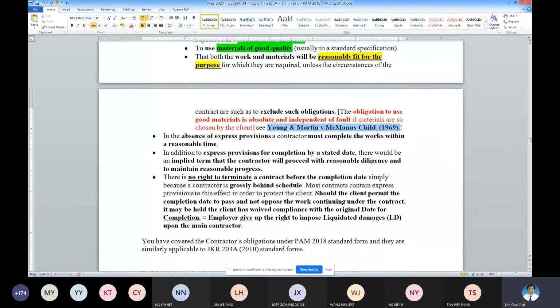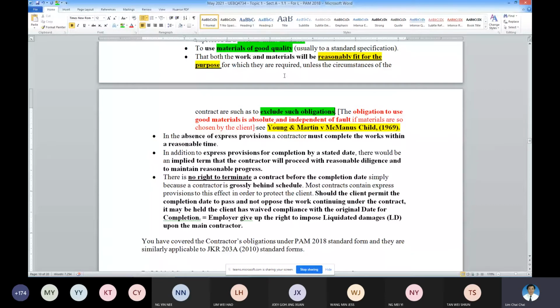So this case law will tell you that the contractor needs to supply good workmanship, good quality material, and fit for purpose. So unless such obligations are excluded in the contract, if it's silent, the contractor is going to be responsible.